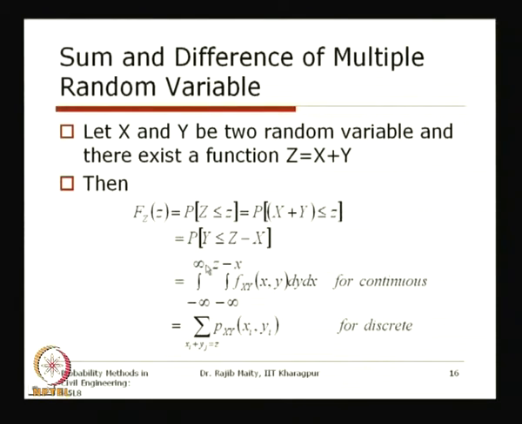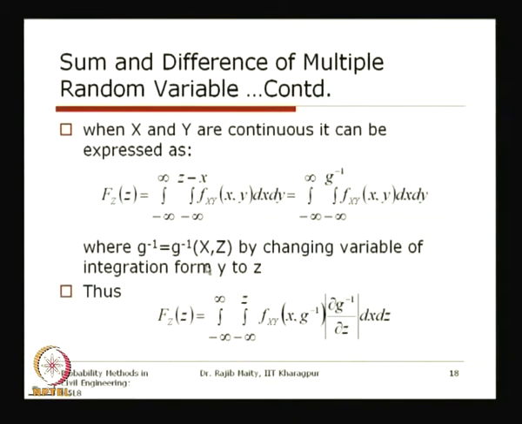So, this way, when x and y are continuous, it can be expressed as the integral from minus infinity to infinity of f x y dx dy, and when you are talking about this z minus x, which is replaced by this y, that means the g inverse, the function inverse that we are talking about, where this g inverse is the g inverse of x, z.